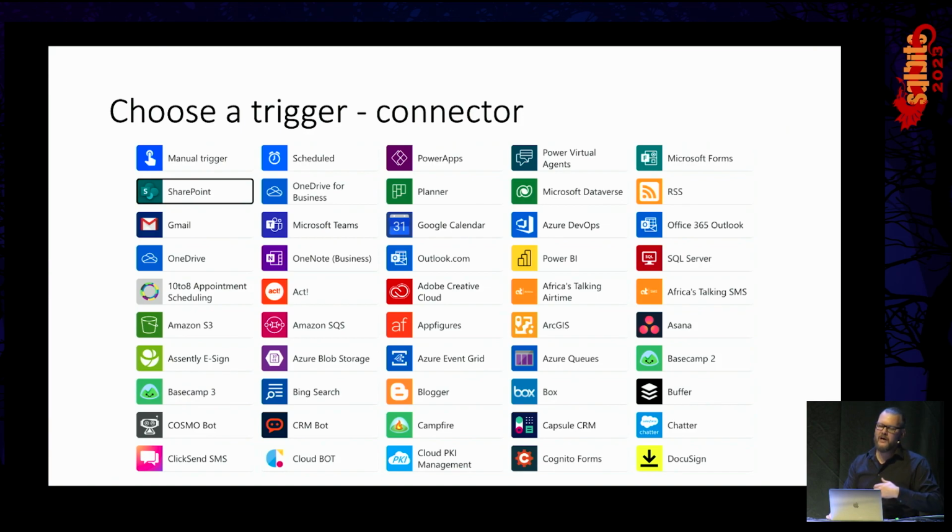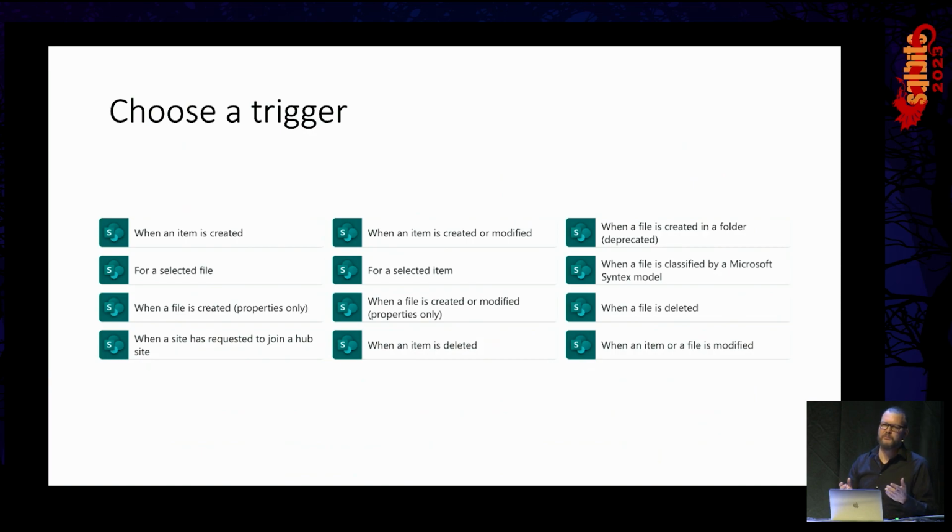In this case, I want to select SharePoint as a connector. And if I select SharePoint as a connector, then I can choose between different triggers that this connection offers to me. Like here on SharePoint, I can say, okay, I want to start if someone adds a new item to a SharePoint list, or if someone uploads a new file on SharePoint. That could be the start point of my workflow.